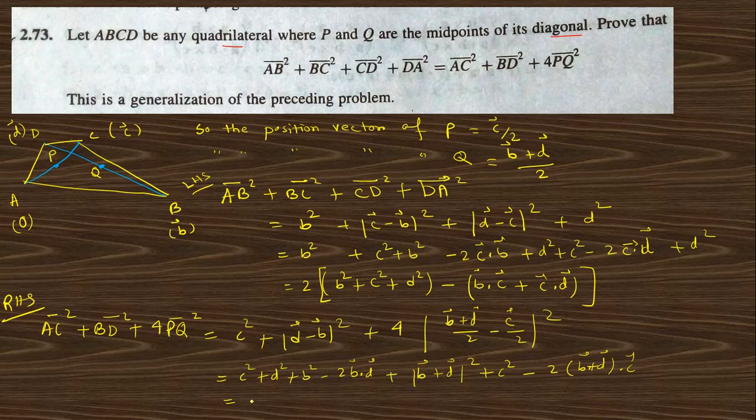So this is nothing but 2 times b squared plus c squared plus d squared minus b dot d, plus, from here we got b dot d, from here b dot d, and from there b dot c plus c dot d. These two cancel out and you get the left hand side equal to the right hand side. Clear? So you take the position vectors and you get the answer.